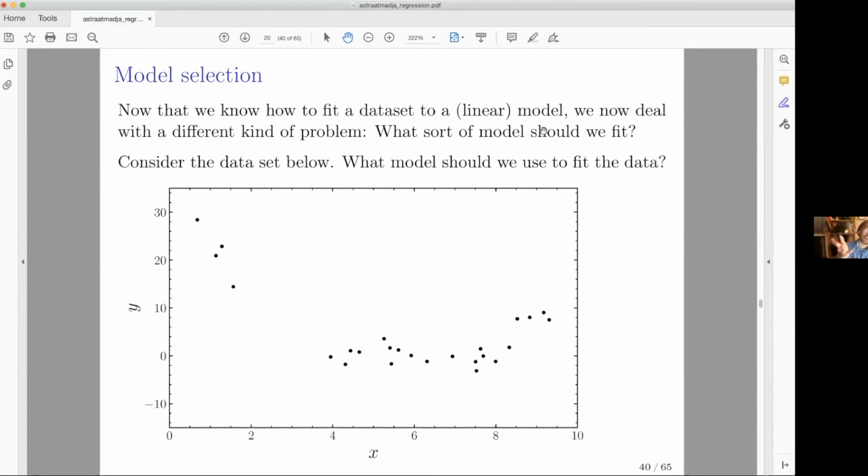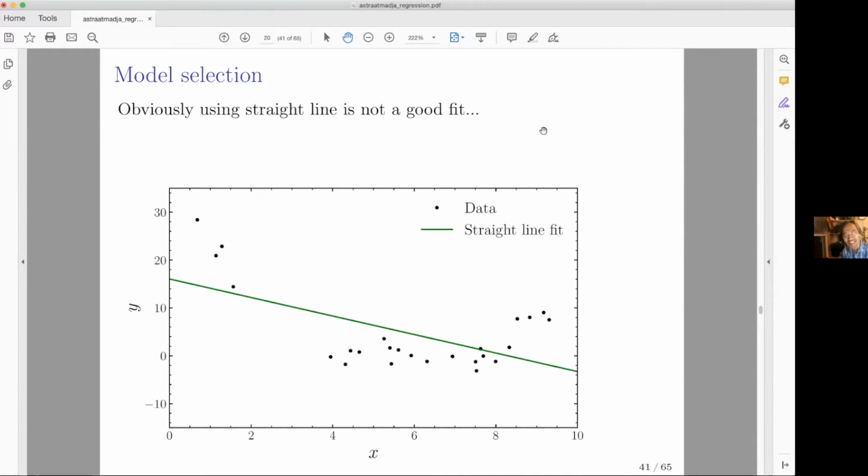So look at this data here. I just generated a different data set from a secret function that we don't know what it looks like. Obviously, if we do a straight line, we can see this is not a good fit.